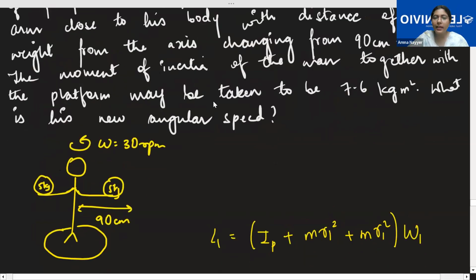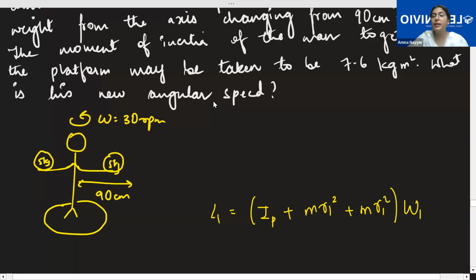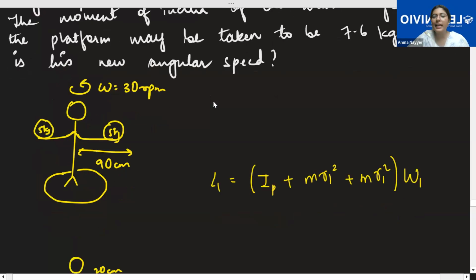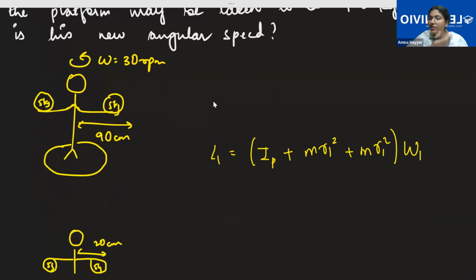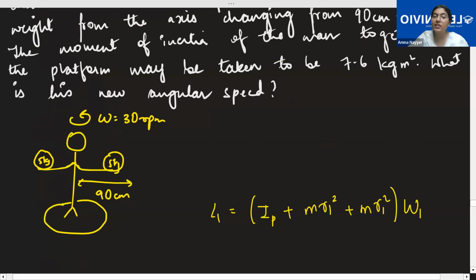Fine. It says the moment of inertia of the man together with the platform must be taken to be 7.6 kg per meter square. Like we calculated for disc, for sphere, for cylinders, for different shapes. So here the moment of inertia is directly given to us, don't take a disk separately.